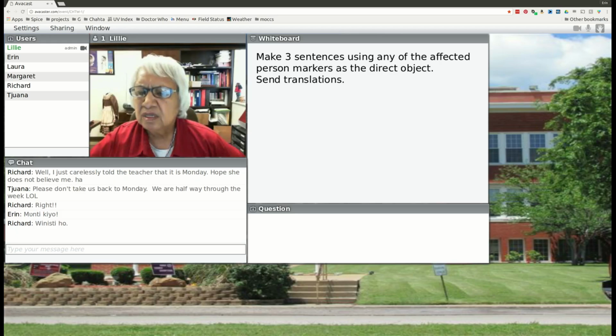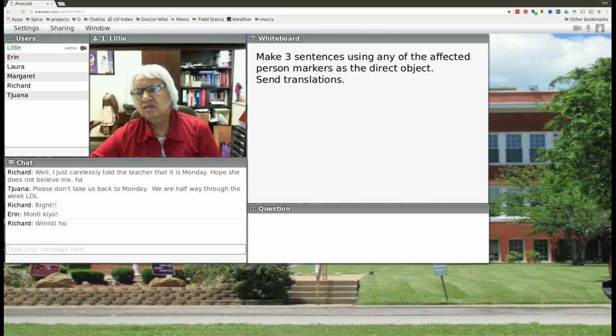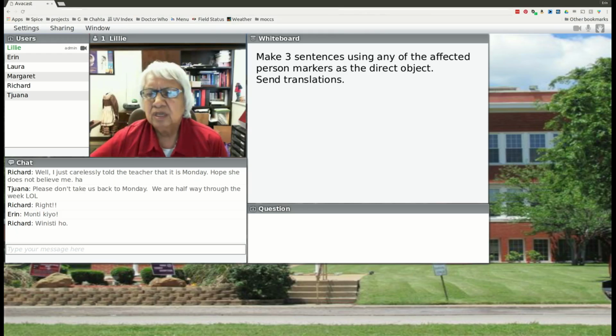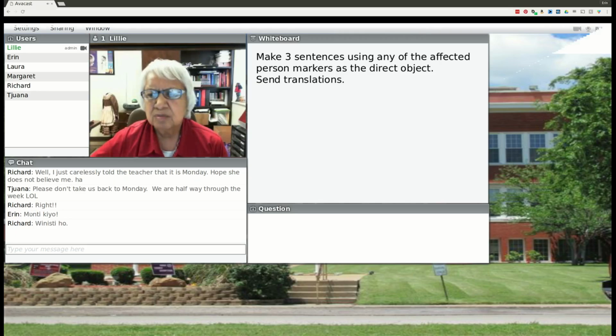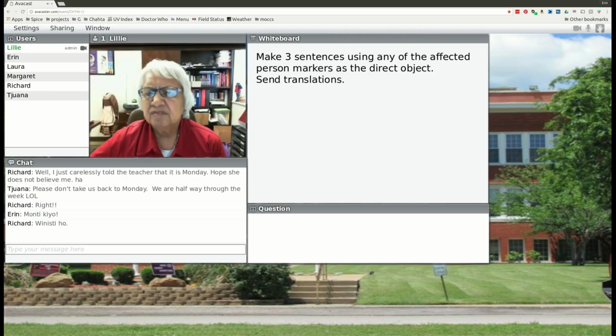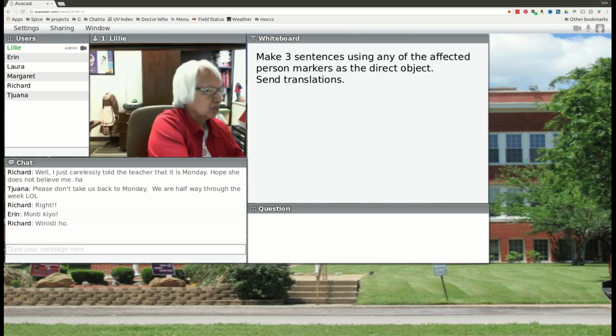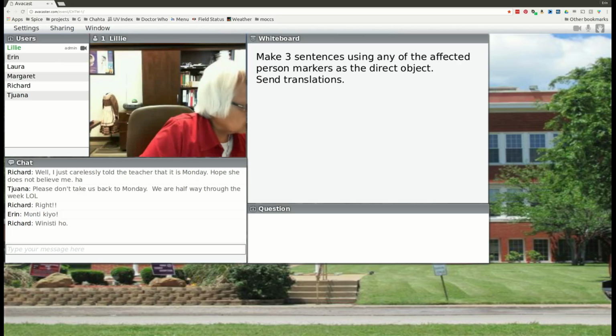Chipipisaho. The O on the question marker should be a nasal. And we show nasalization by using capital letters. Chi is an affected person marker. P is an affected person marker.